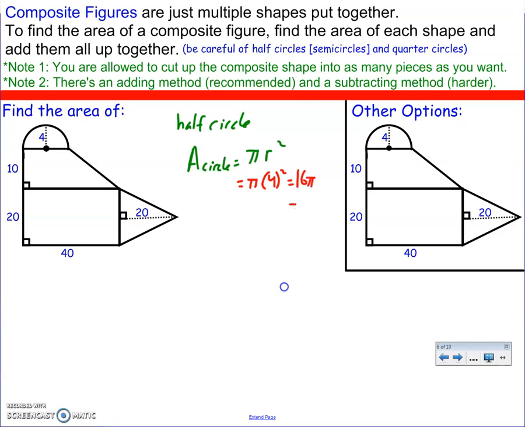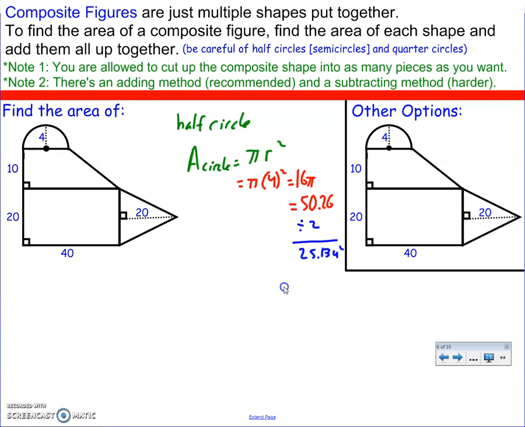And I'm just going to make that a decimal. If I type in the calculator, I get 50.26. Now I'm going to divide by 2 because it's a half circle. So I get 25.13. All right, no units. We found the semicircle.